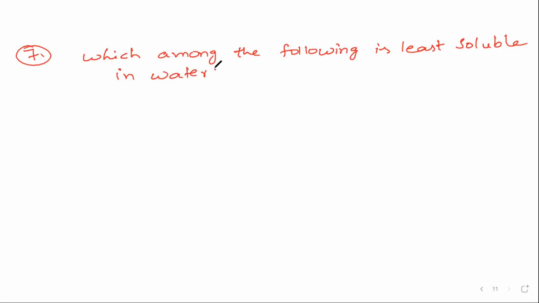Option A, it is lithium fluoride. Option B, it is sodium fluoride. Option C, it is potassium fluoride. And option D, it is rubidium fluoride.